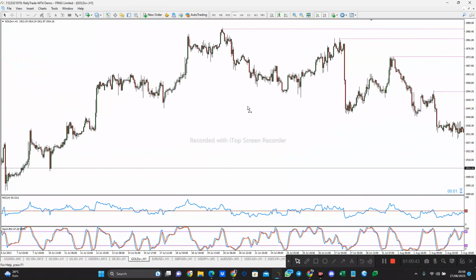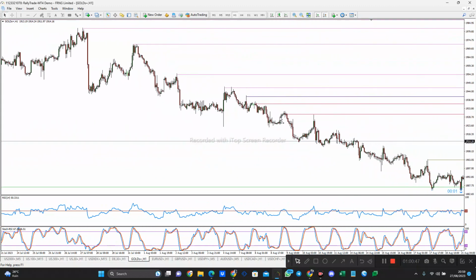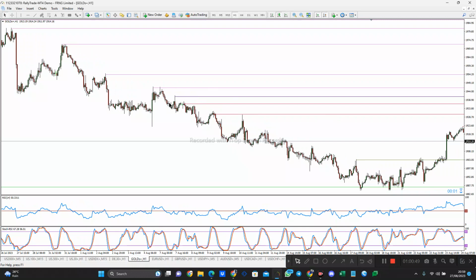You can use this for cryptocurrencies as well. You can see what's happening here.